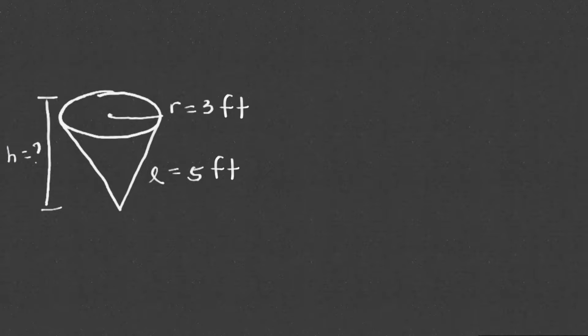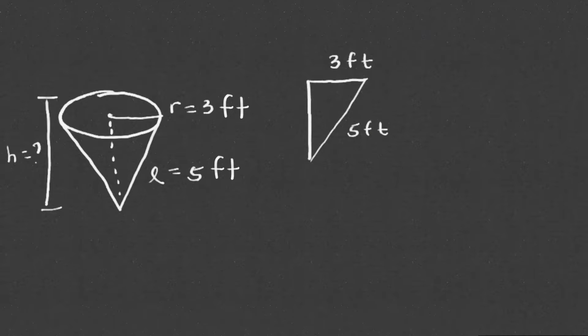To solve for the volume of the cone, we first need to determine the height. To find its height, we can see that there's a right triangle formed within a cone. So let's isolate that triangle, in which the adjacent is 3 feet, and the hypotenuse, which is the slant height, is 5 feet.